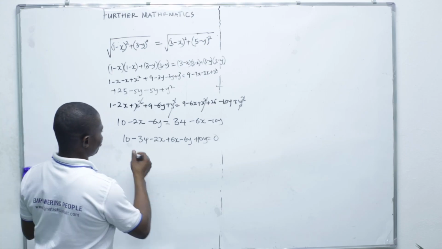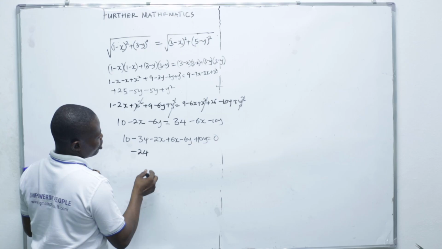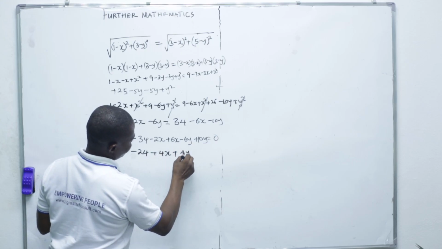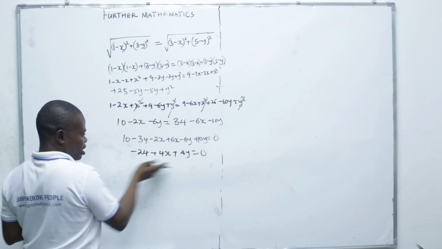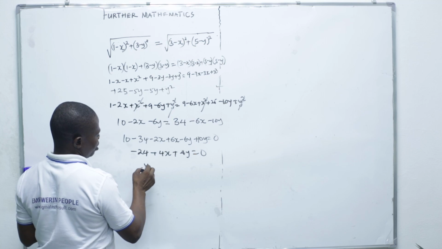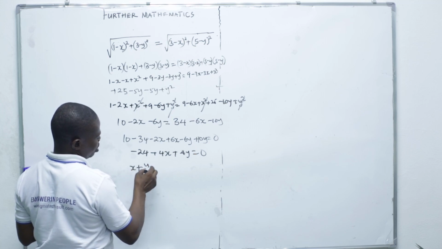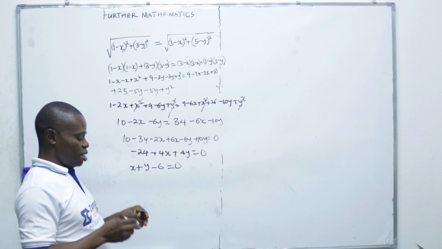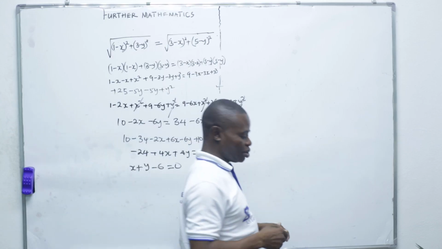So this minus this is what? Minus 24. Minus 24 plus 4x plus 4y equals 0. If I divide this all through now, I'm going to have x plus y minus 6 equals 0. Remember, they are interested in an equation.